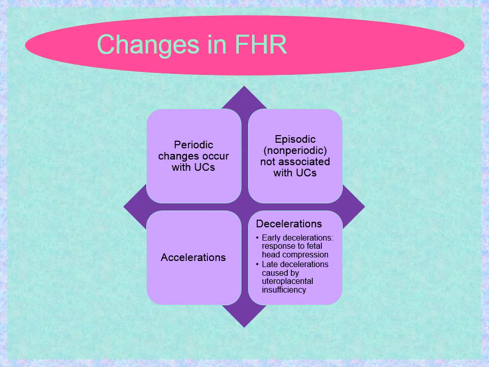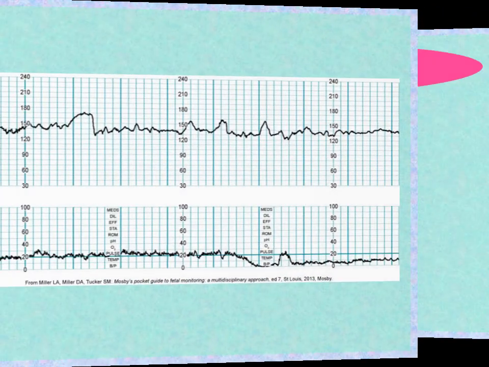Decelerations are caused by a dominance of parasympathetic response and may be benign or abnormal. Decelerations are described by their visual relations to the onset and end of a contraction and by their shape. You have either early decelerations, which is a response to fetal head compression, or late decelerations caused by uteroplacental insufficiency, and you also have variable decelerations.